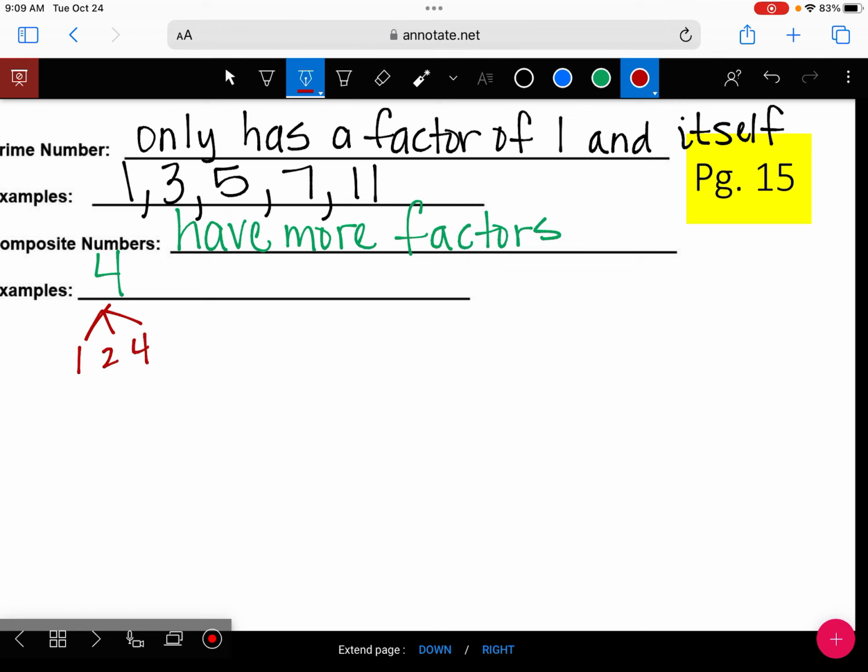That's why that's a composite number. 9, because you can divide 9 by 1, 3, and 9. That's why that would be a composite. Or even something like 15, because 15 can be divided by 1, by 3, by 5, and by 15.